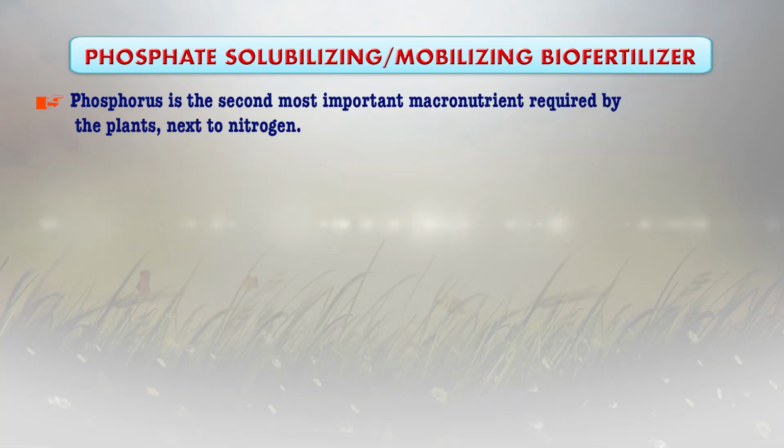Adequate phosphorus availability is also required for laying down the primordia of plant reproductive parts during the early phases of plant development. So it is the second most important macronutrient required by the plants next to nitrogen.